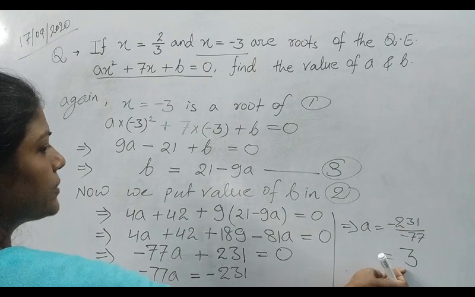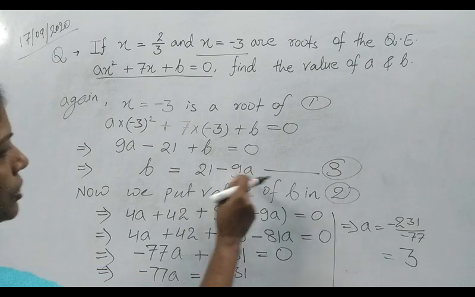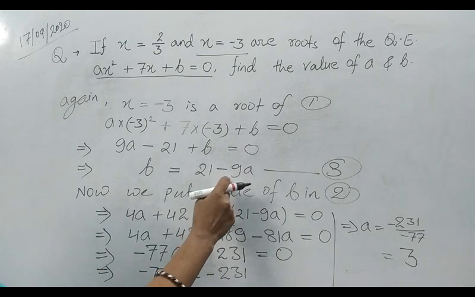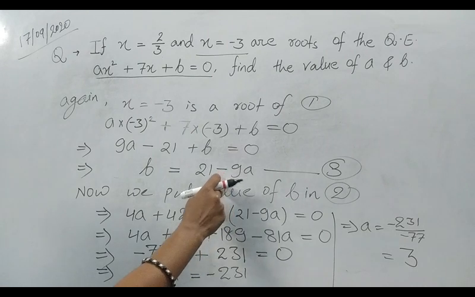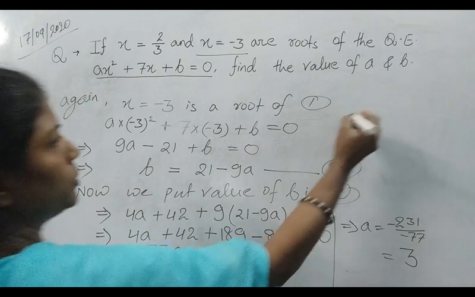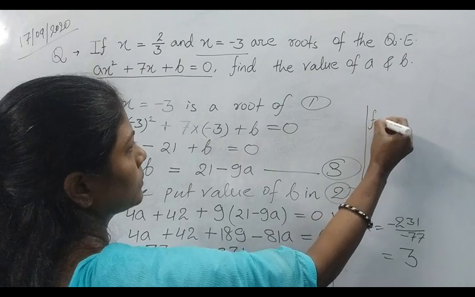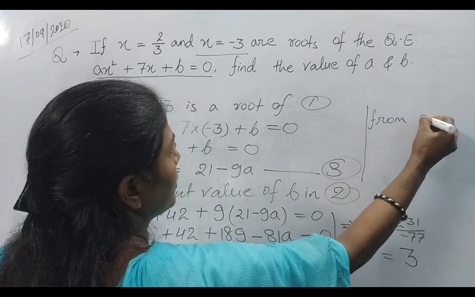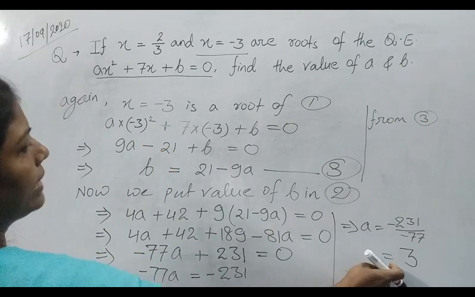Now we put this value of a in equation number 3, so we can calculate the value of b. From equation 3 we put this value of a.